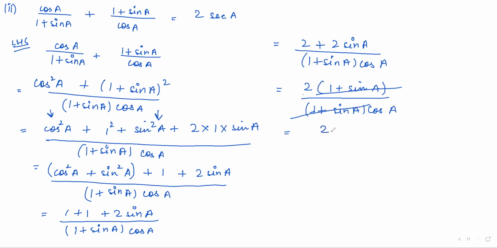So I'm left with 2 into 1 upon cos A. Now 1 upon cos A is sec A, so this is 2 sec A. This is equal to the RHS. Any problem here? No, ma'am. Okay.